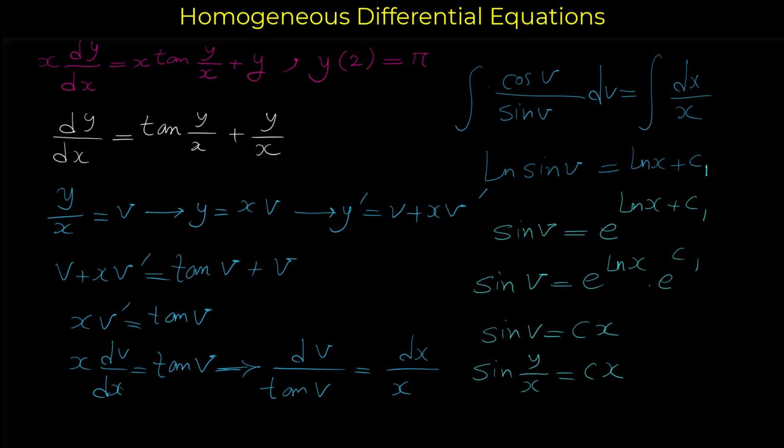But in this equation we had an initial condition. We want to find c such that when we put 2 for x, y equals pi. So sine of pi over 2, don't forget y is pi when x is 2. Sine of pi over 2 must be equal to c times x, and x is 2. C times 2. Sine of pi over 2 is 1.